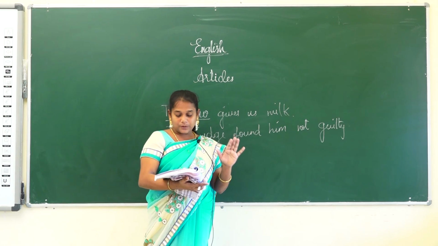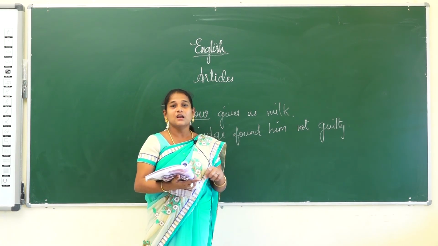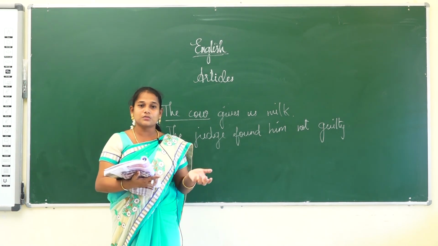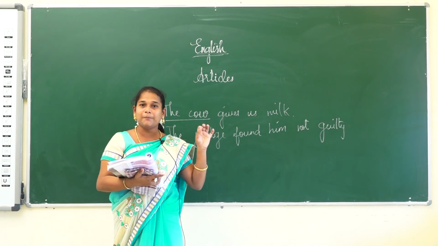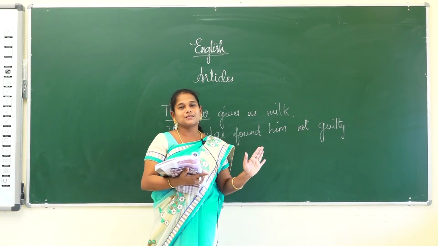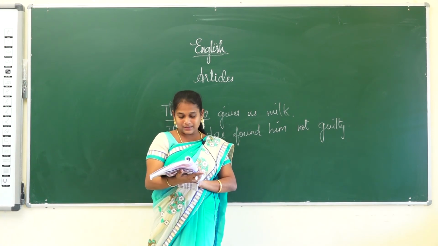But "rice is a staple food of Asians": in that case we can't say "the rice", because it is not defining any particular rice. It is simply telling rice. Okay, we are simply using the word rice.